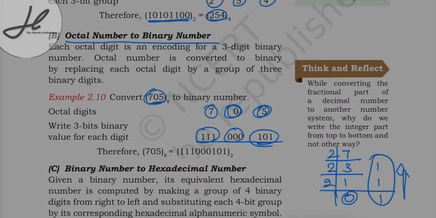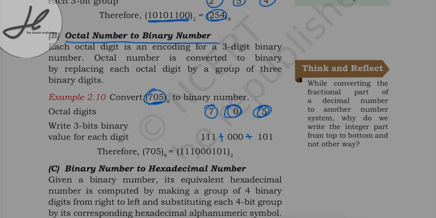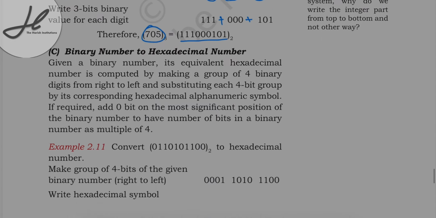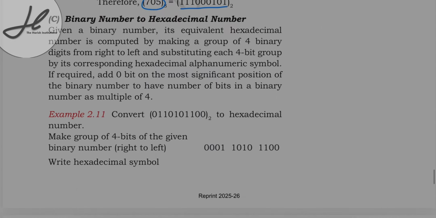Then we can write all these numbers side by side, and we get a binary value from the octal value like this. Okay. I know this conversion is a bit easier for those who are good with division and addition. So it's a good point for you to score marks in your exam.